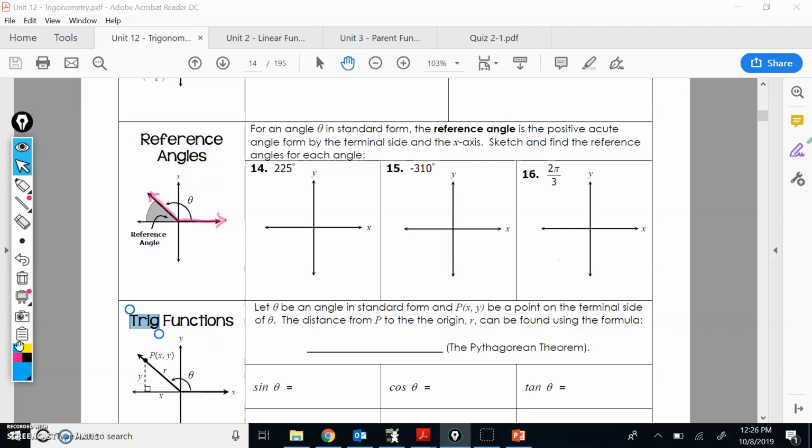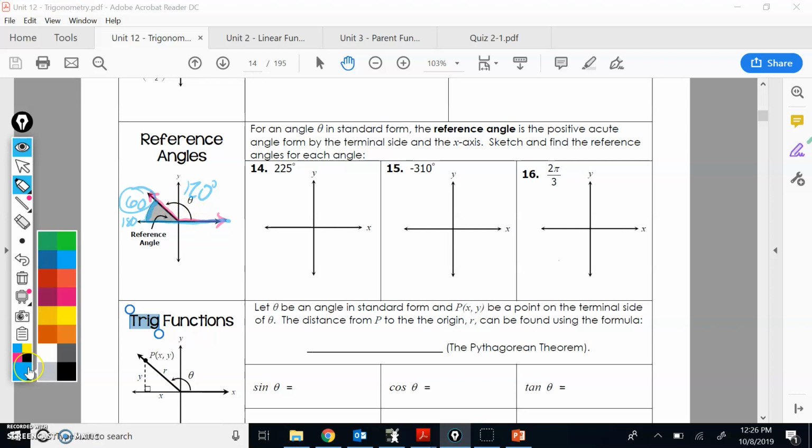In our example on the left, let's say this theta is about 120. The reference angle is how much more you need to add in order to make it on the x-axis here. We have 120, and to get to the x-axis you have to get to 180. So we have to add 60. So the reference angle for this angle is 60.